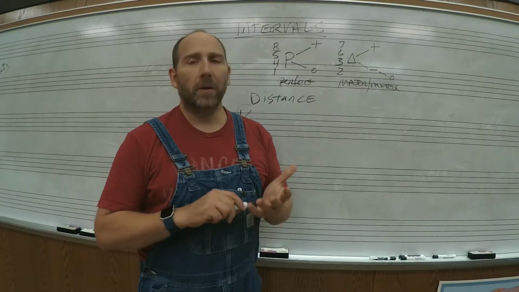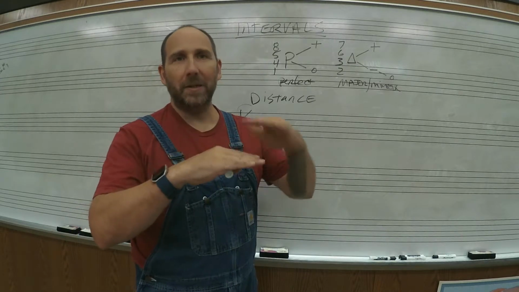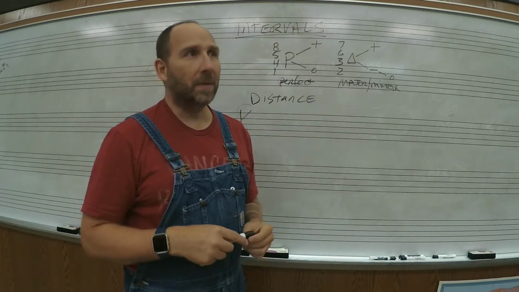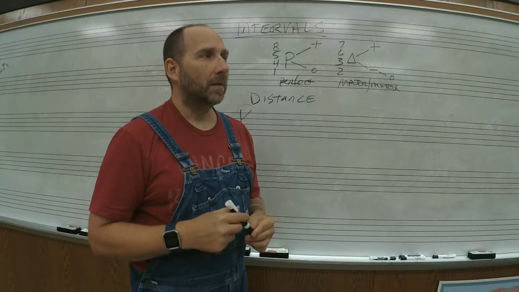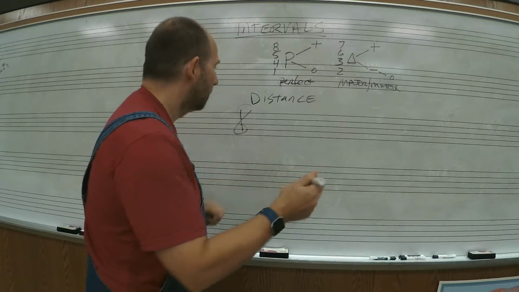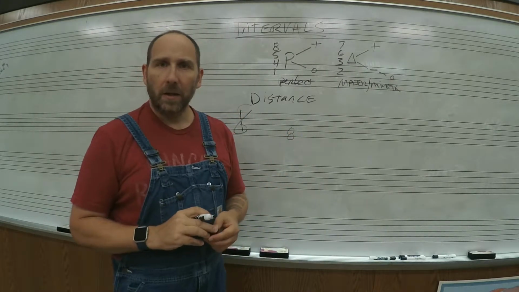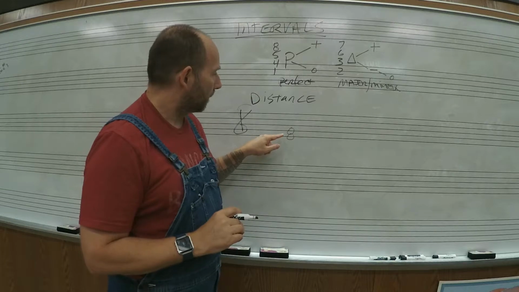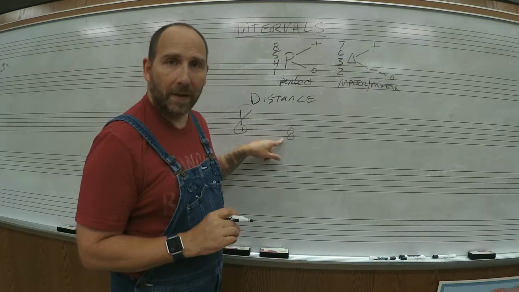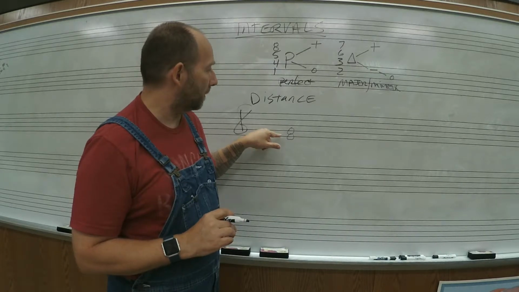If we don't always have notes from the root of a major scale to the notes above it, sometimes you want to go from, say, the E in the major scale to the G. So if I want to know what is the interval from E to G, then I need to check. I can pretend that I'm in the key of E for just a second, and I can find out whether this note is a major third.